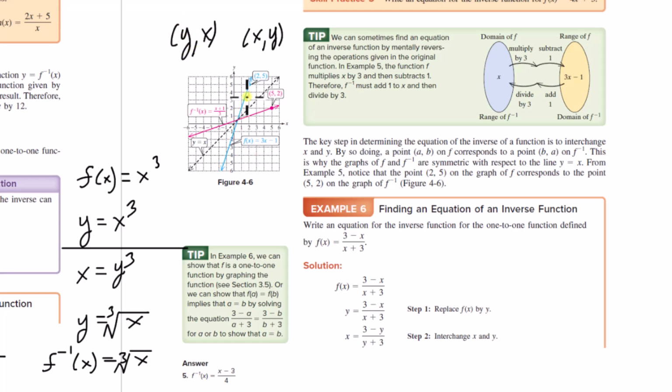So it's symmetric about y is equal to x because you're just flipping the coordinates, right? That's why all inverses are flipped about, not the x-axis, but about y is equal to x. They're flipped about the line y is equal to x.